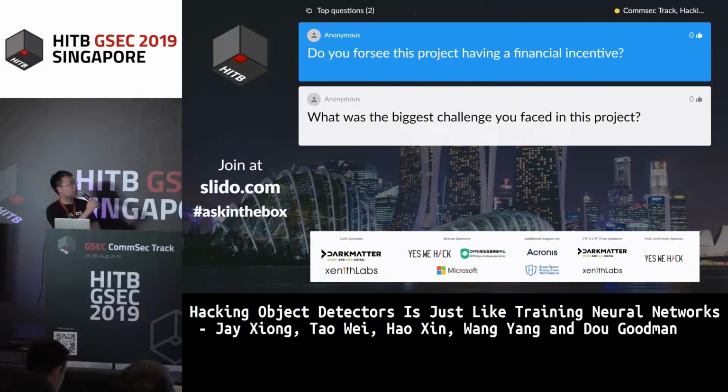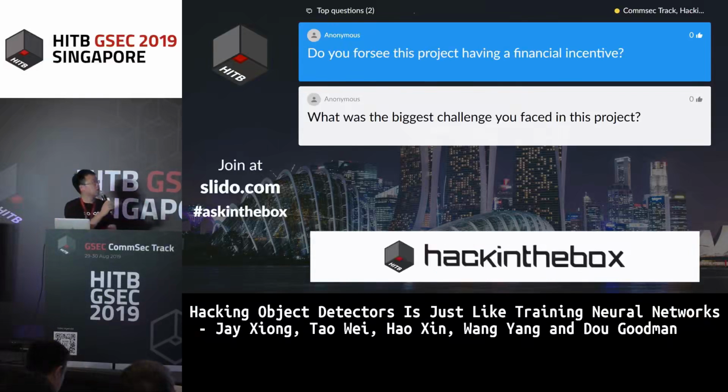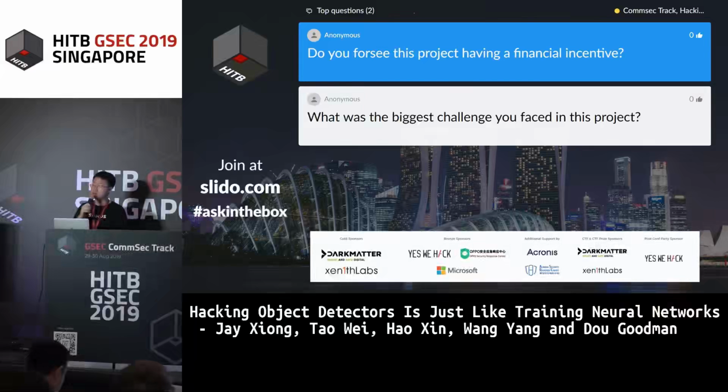Foreseeing having a financial incentive. Since I'm working for Baidu and we are using such techniques, not only in computer vision but also in some other fields, it's a kind of advanced research.